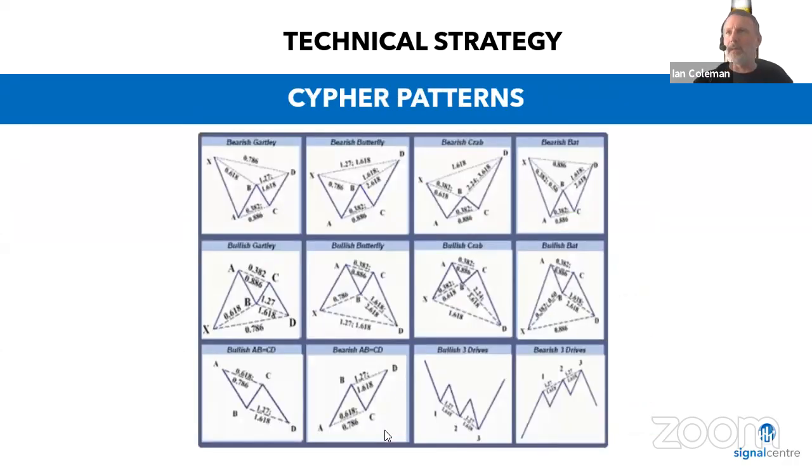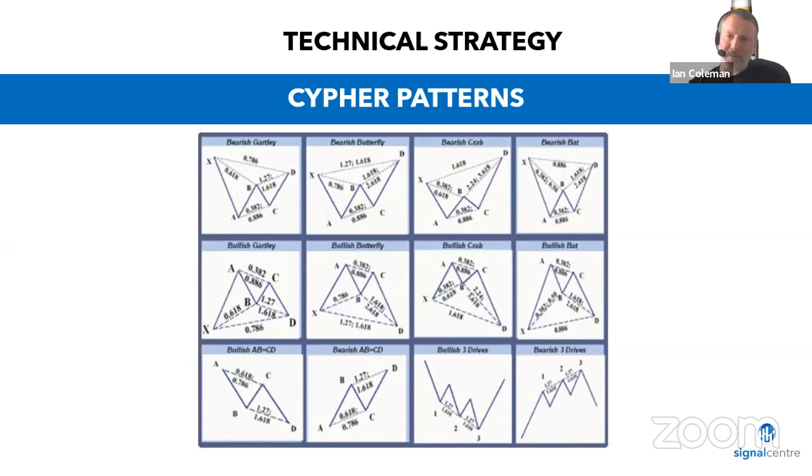So we're talking about Cypher patterns. We've got four main Cypher patterns. We're going to ignore these ones at the bottom, the ABCD and the drives patterns, but they are symmetrical and they do use fib extension and retracement levels. So the bearish or bullish Gartley, the butterfly, again bearish or bullish, the crab, and then the bat pattern.